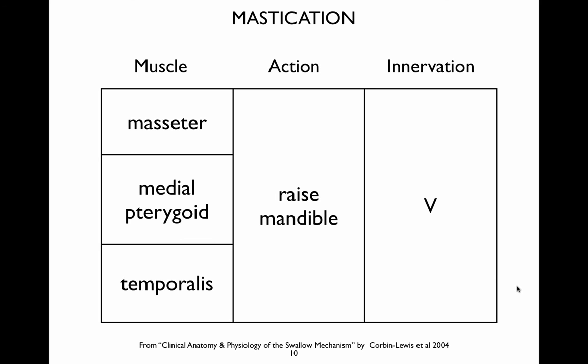So I would expect you to know that the elevation of the mandible is primarily a cranial nerve 5 activity, and I would expect you to be familiar enough with the muscles of mastication here that you could recognize, if I gave a multiple choice question, which of the following is not a mandibular elevator, and I gave you a choice of the masseter and the medial pterygoid, the temporalis, and the frontalis, that you would be able to recognize the frontalis is not a mandibular elevator.